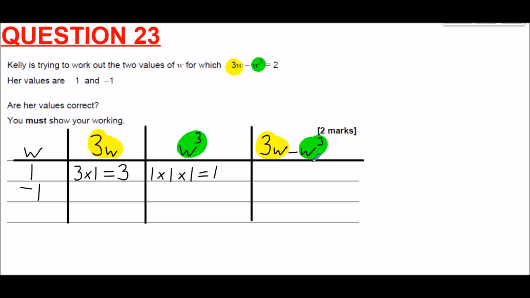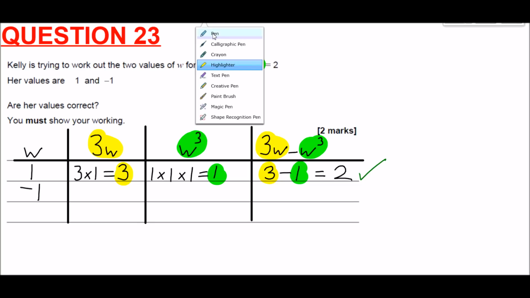And then 3W take away W cubed would be 3 take away 1, which is 2. And so when W equals 1, it works, because 3W is 3, and W cubed is 1, 3 take away 1 is definitely 2, so that's fine.